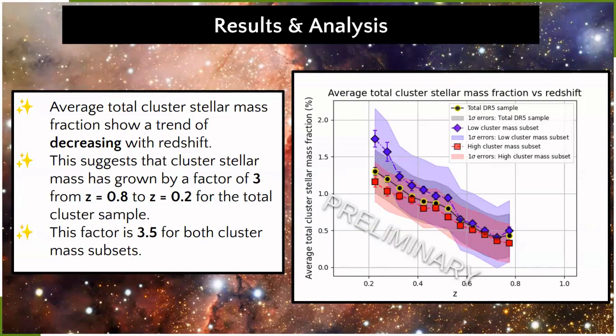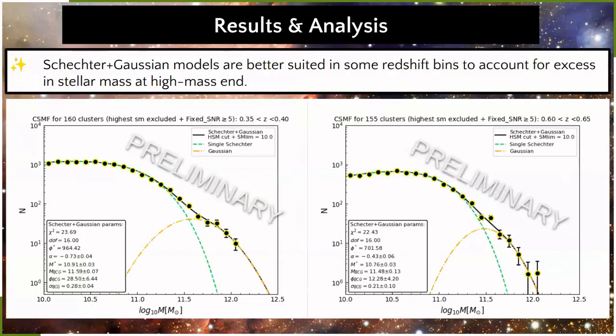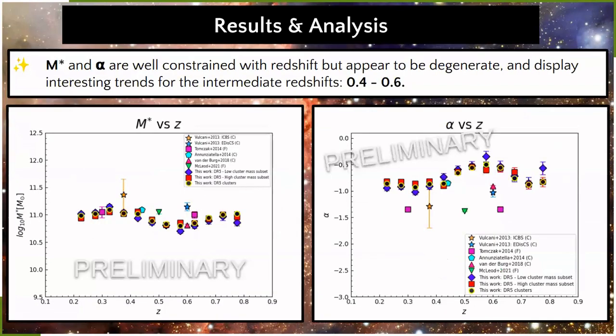These stellar mass fractions help us get a picture of how clusters are evolving, whether there's a dependence on cluster mass. Are more massive galaxy clusters accreting stellar mass faster compared to low mass clusters? And the Schechter parameters help us constrain how stellar mass is distributed in clusters in each redshift band.